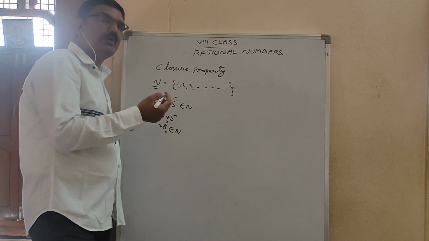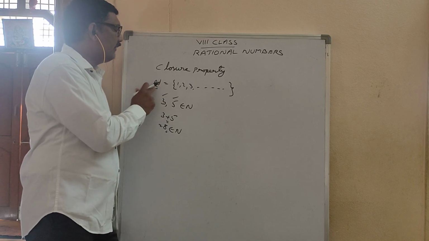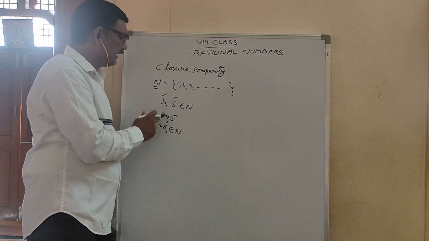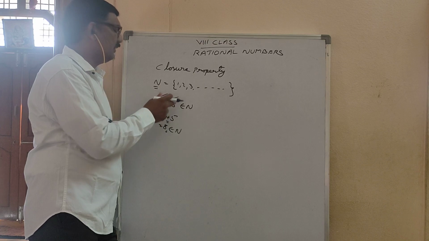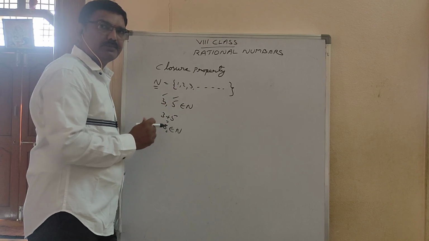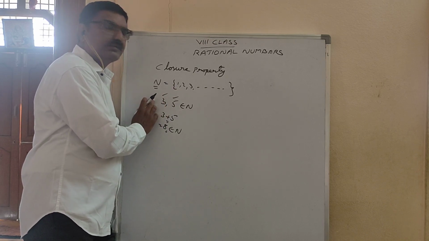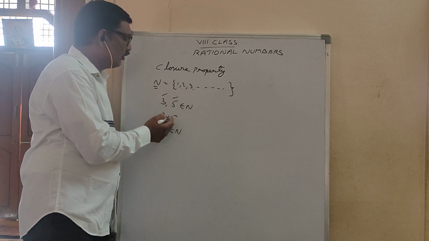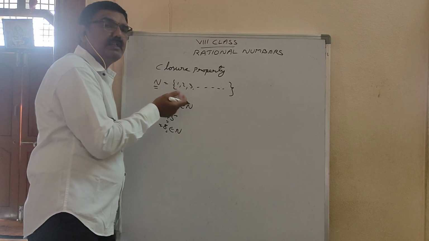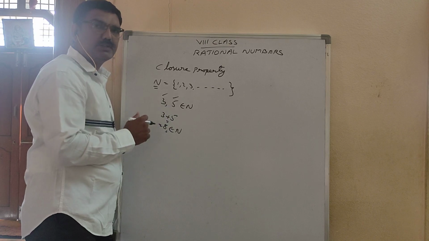So you have to note down that one. The set of natural numbers is satisfying the closure property under addition. Similarly, you can go for the remaining three fundamental operations.